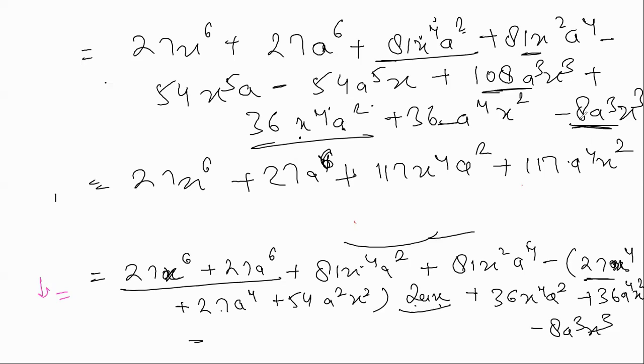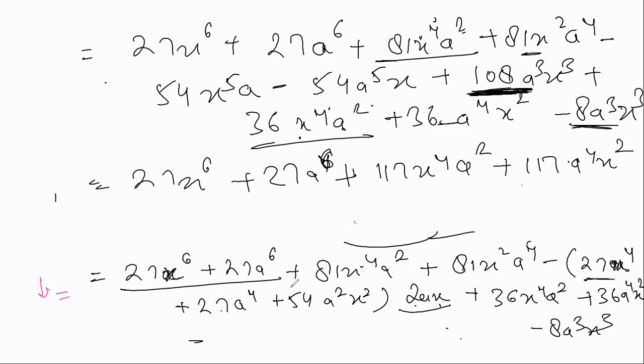So wait a minute, there is a mistake of sign, I think so. First negative, second. First positive, second negative. Positive, fourth negative. Everything is okay. I think I have just changed this sign. There is a mistake here.